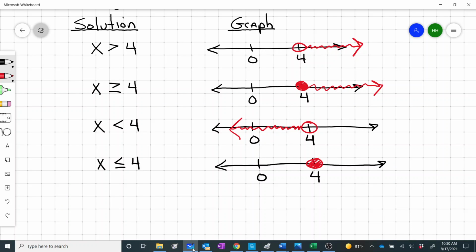Should be the closed circle on the 4, and we're going to the left. Everybody okay with that? Alright, very good.